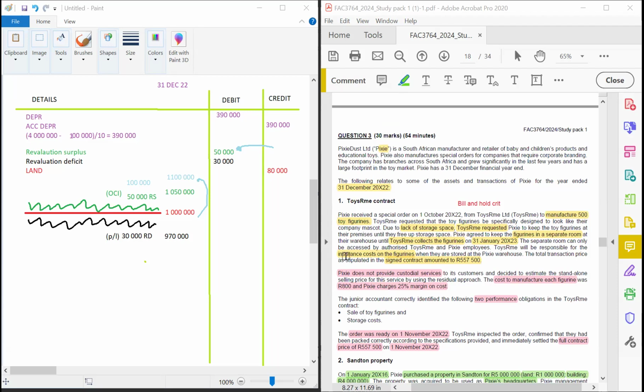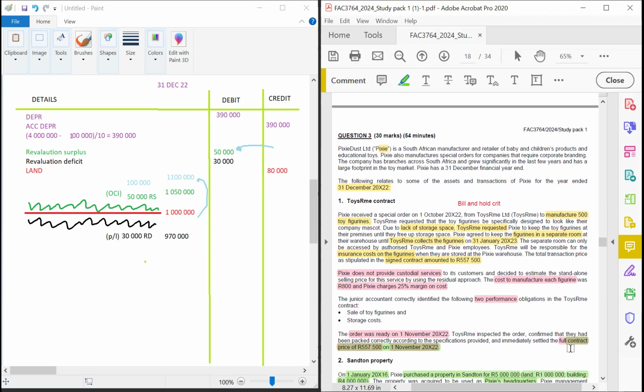We need to do the journal entries. Anyone willing to tell us how we can do these journal entries for the treasury contract? Let me give you a hint.